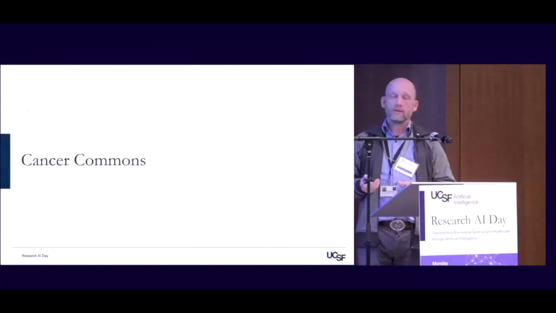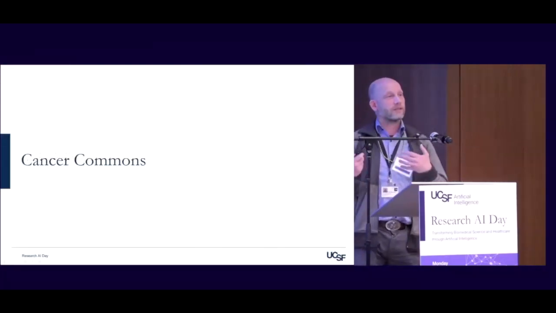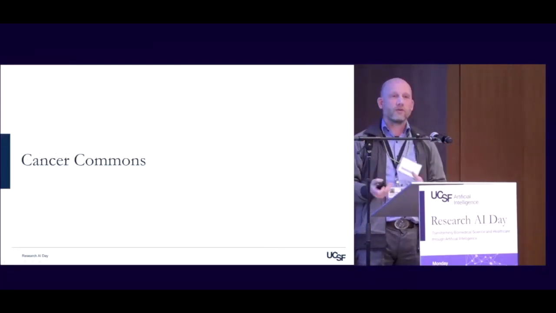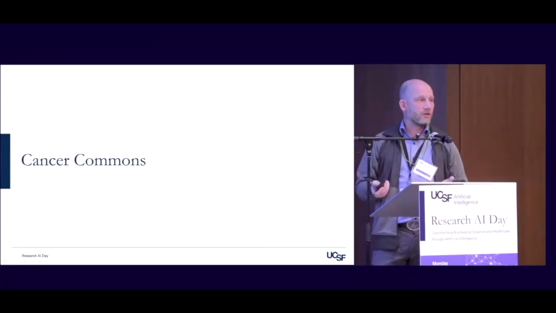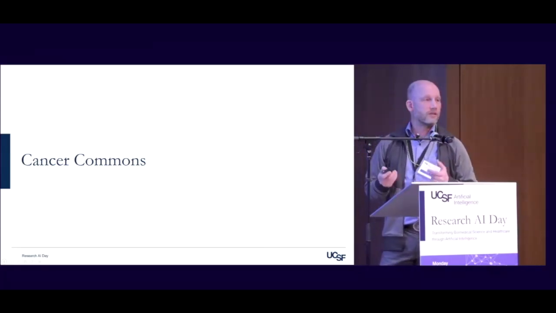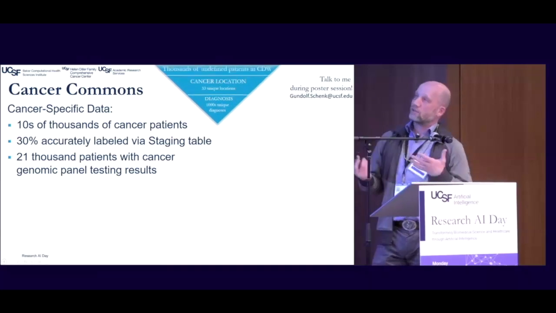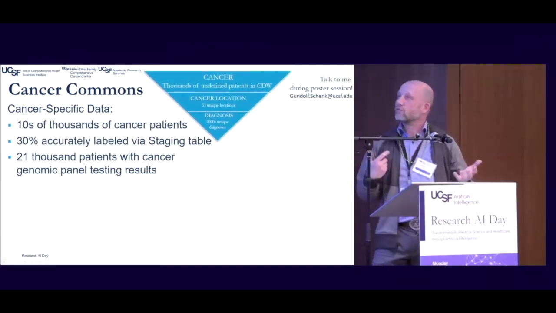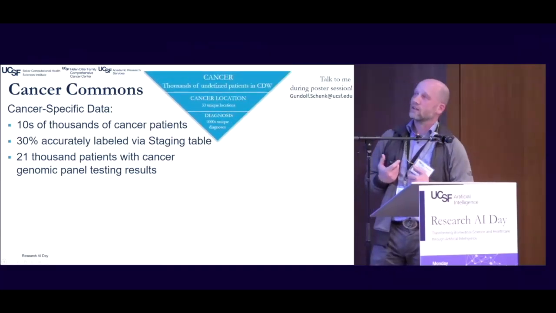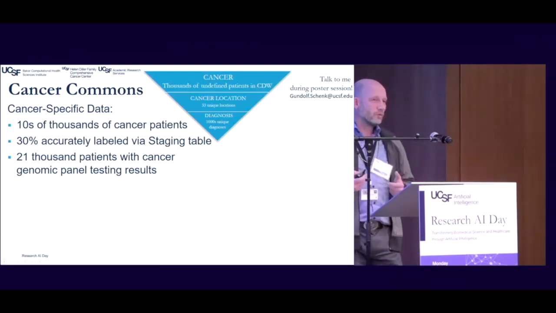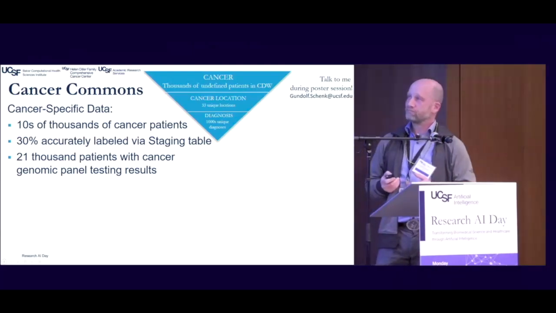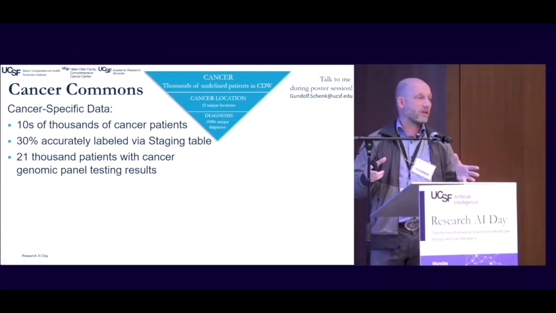Moving on. Cancer Commons is built on top of the electronic medical records that are de-identified in Information Commons. And we believe there are somewhere in the tens of thousands of cancer patients. We don't actually know how many we really have, unless we really try to classify them.